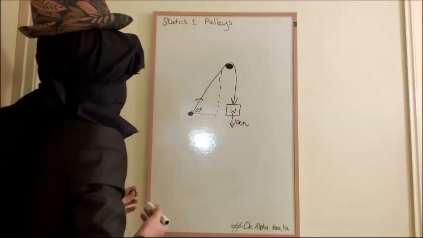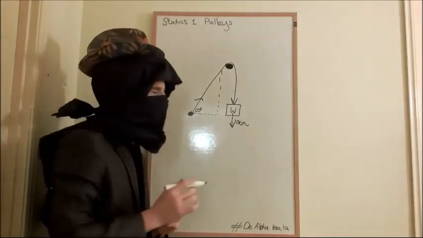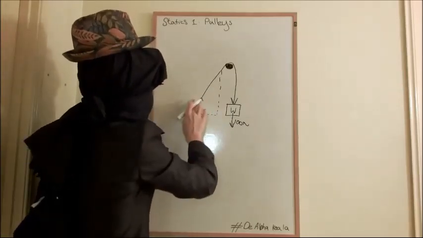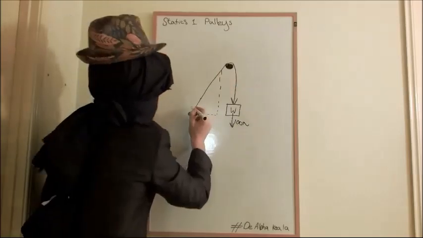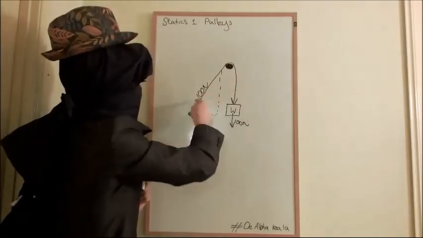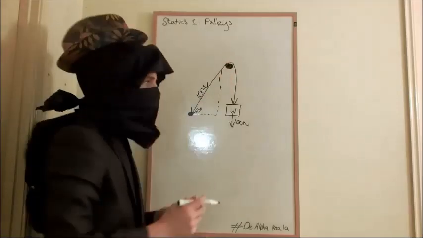Oh god, that was a bad pun. Newton said that the newtons in each direction have to be equal. So if that's pulling 100 newtons, the force pulling on the other side is also 100 newtons. This pulls that up 100 newtons, which would balance out its weight. That makes sense, right?